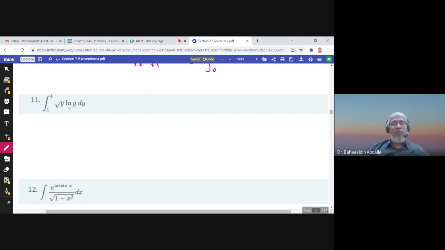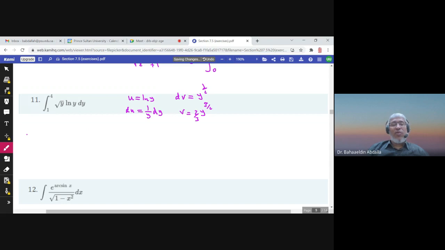Here you solve by parts. I take u equals ln y, du would be 1 over y dy, and dv is y to the power half, or square root of y. v is y to the power 3 over 2 times 2 over 3.